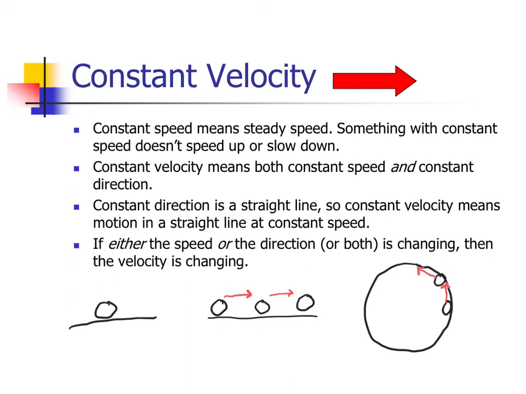And now the arrow's pointing in a different direction. Because it's pointing in a different direction, what has changed? The direction has changed. It might have a constant speed, but because the direction has changed, the velocity is now changed.